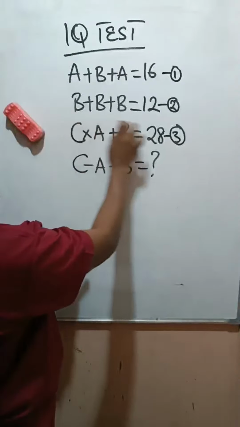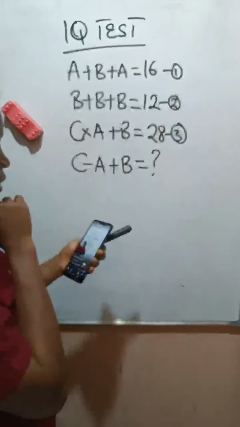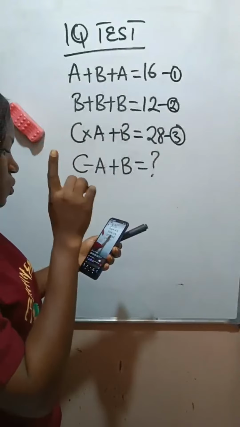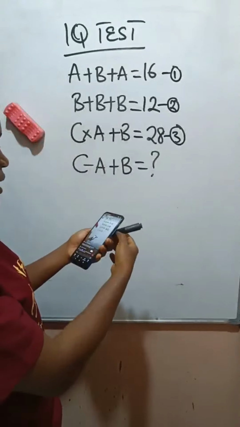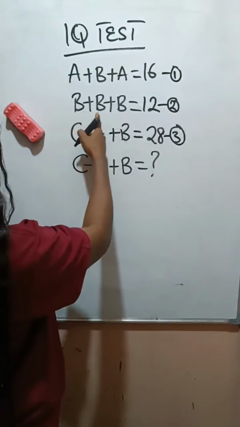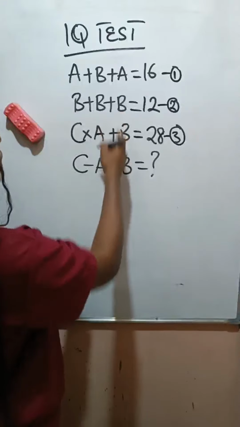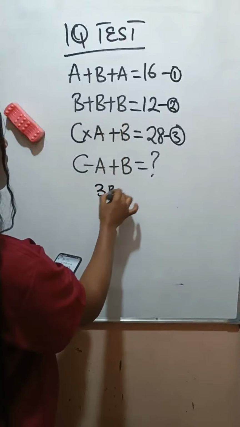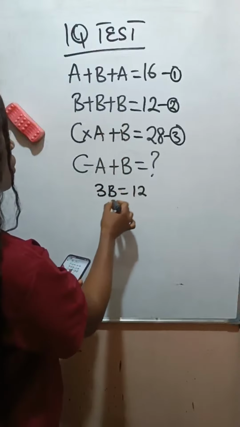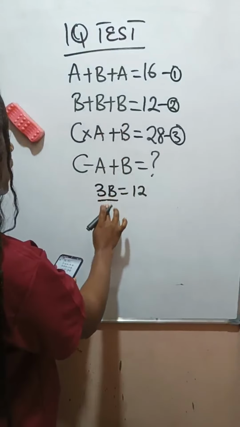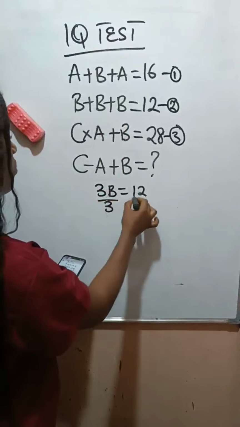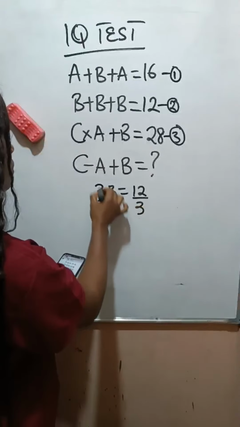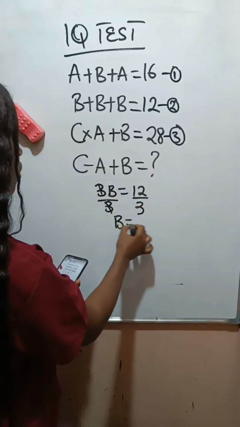Now let's check equation 2. If you check equation 2, you see that we have B plus B plus B. Wow, that will give us 3B, right? Is equal to 12. From here we can get B if we divide both sides by 3. So I will get B is equal to 4.